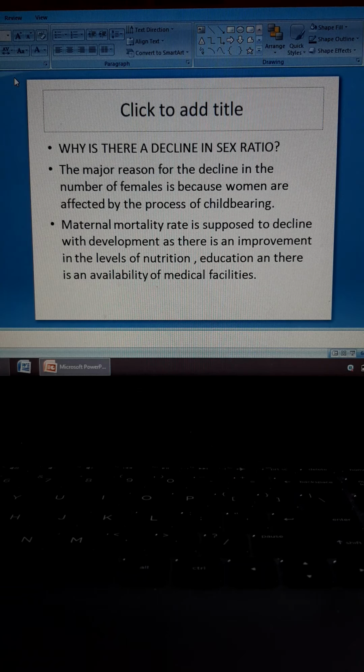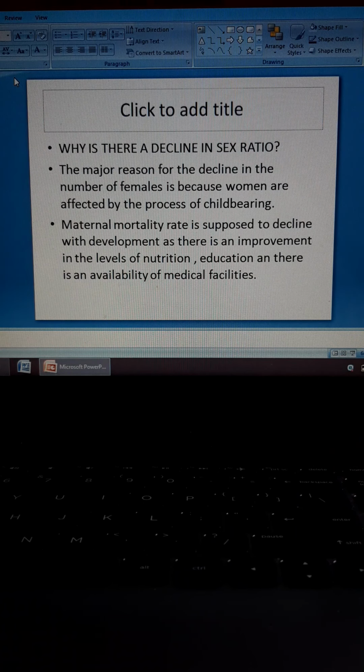So why is there a decline in sex ratio? Why is there a smaller number of females in comparison to males? It is said that a major reason for the decline in the number of females is that women are affected by the process of childbearing. They are trying to say that women die in the process of childbirth.